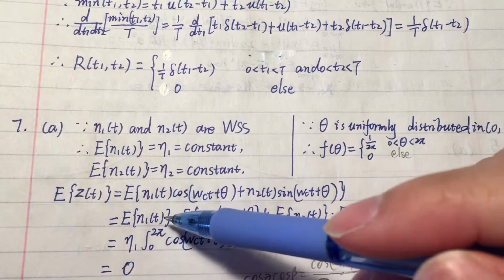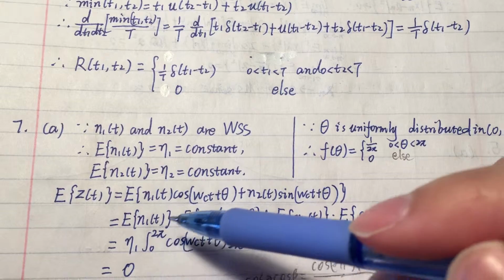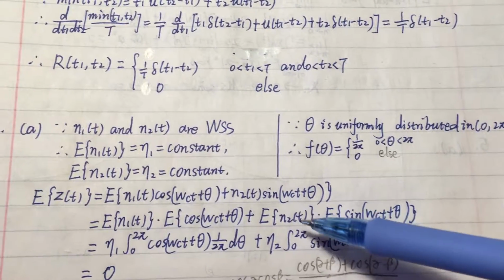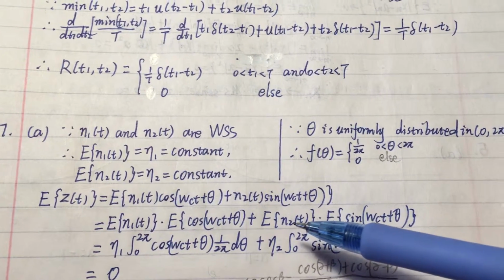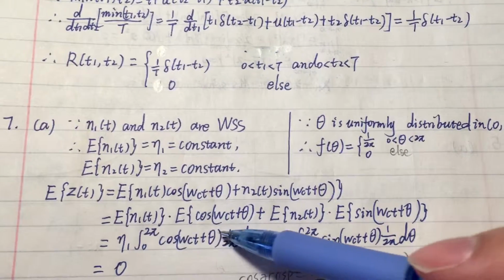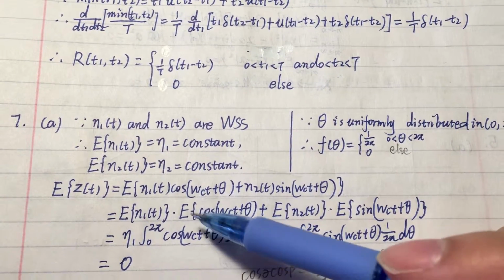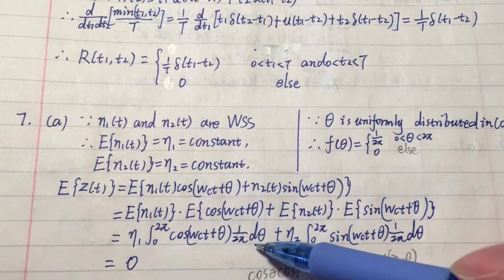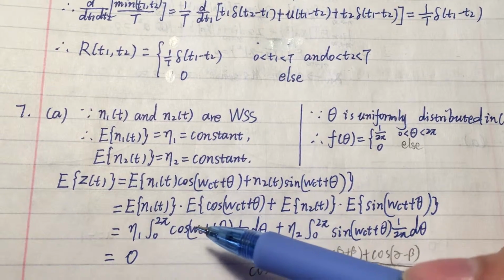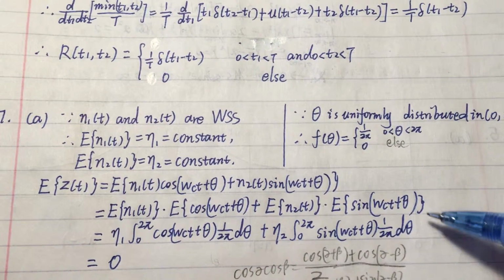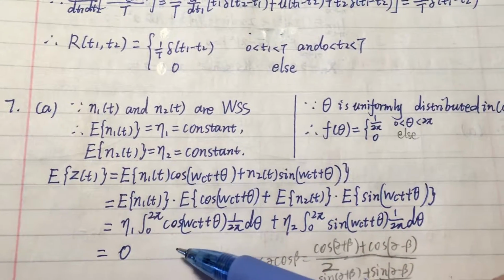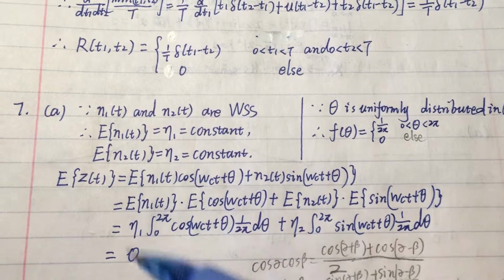We know that the mean of n1t equals alpha 1, and the mean of n2t equals alpha 2, and this one equals this expression. We know that this integral equals 0, and in the same way this equation equals 0, so we can get the mean of gt equals 0.